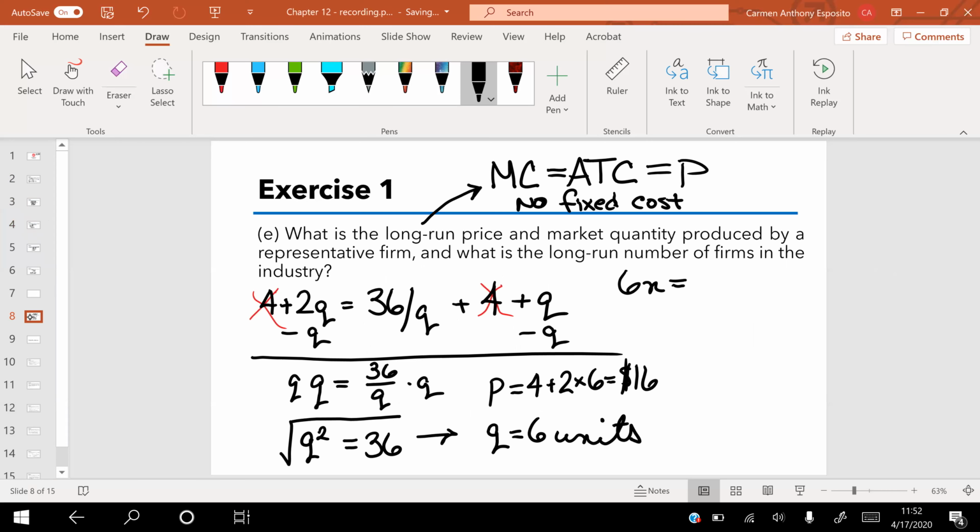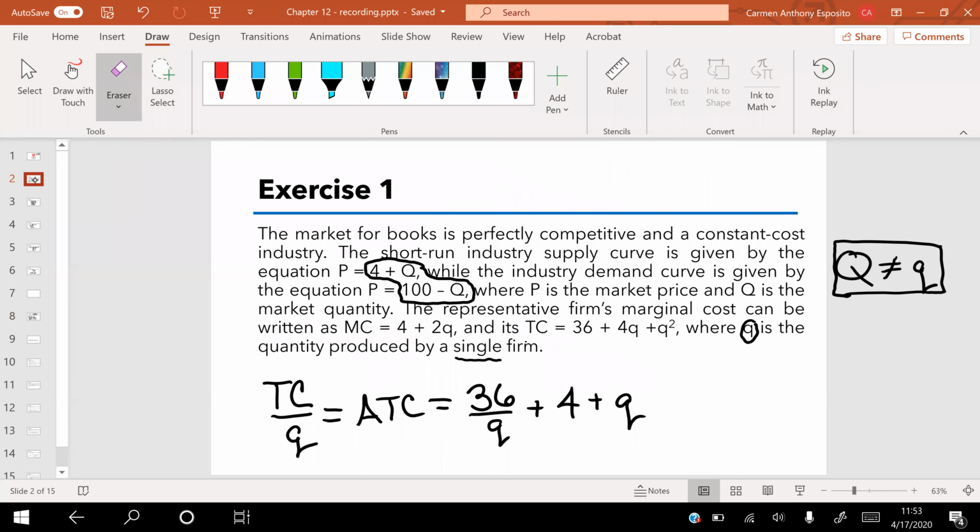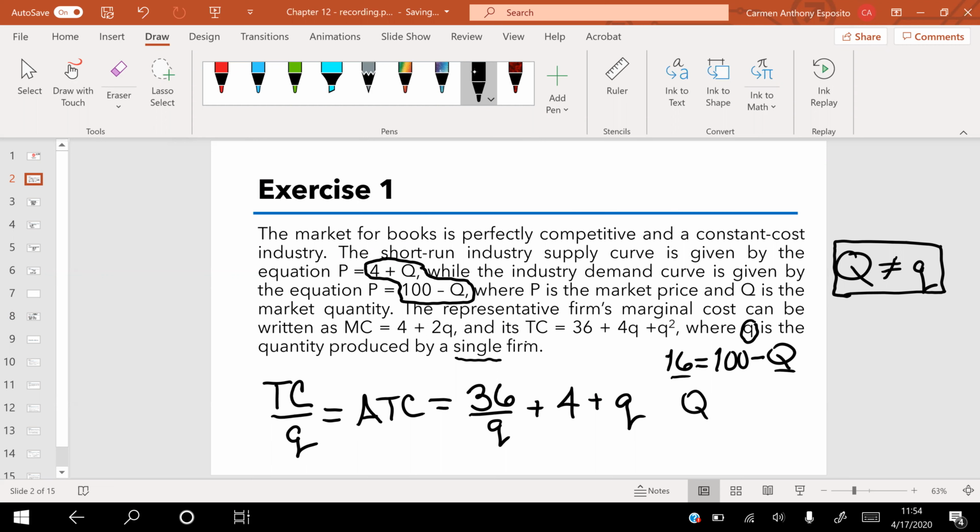One moment. So let me just correct something I just said. What we're going to now do is look at the demand curve. So when price is 16, how much is demanded? Well, you take 100 minus Q. You can just flip these and you get Q is 100 minus 16, which is now 84.